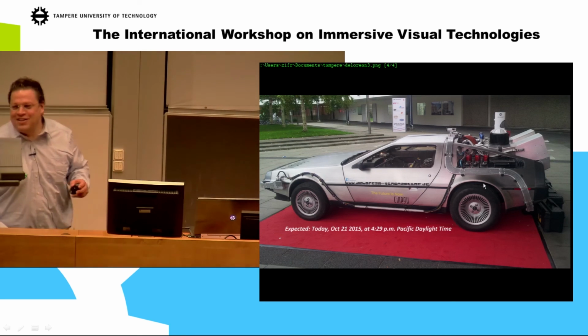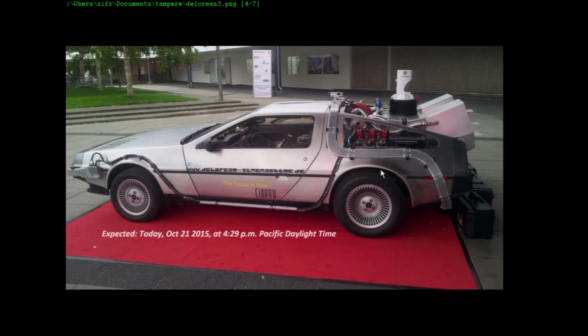It is expected today at 4:29 p.m. in LA. They have built up, as they are waiting for the DeLorean to arrive. This is from Back to the Future. Maybe it comes today. We are not sure yet, but cameras are observing the street in LA, so let's have a look.